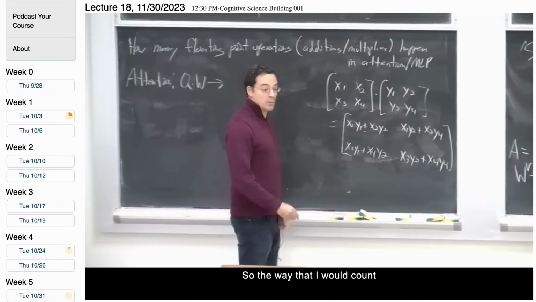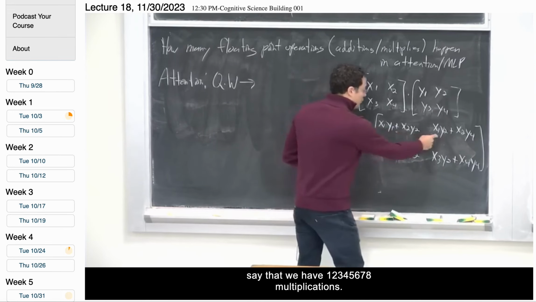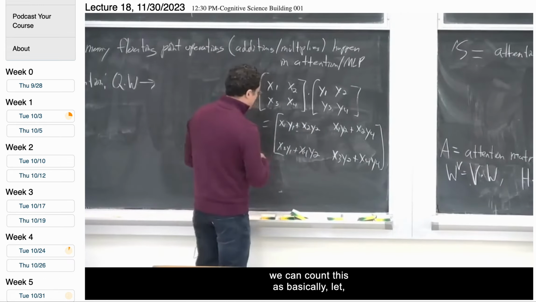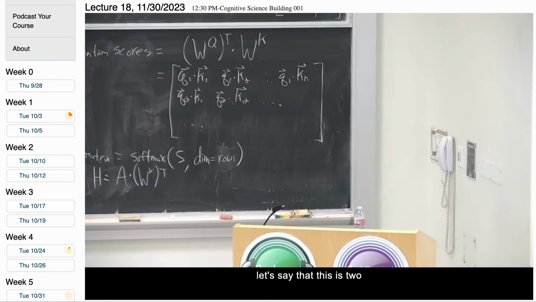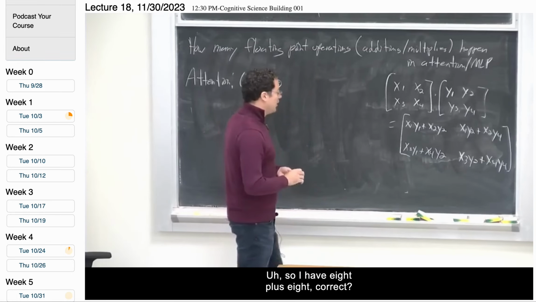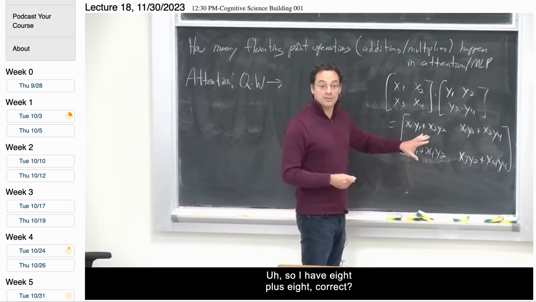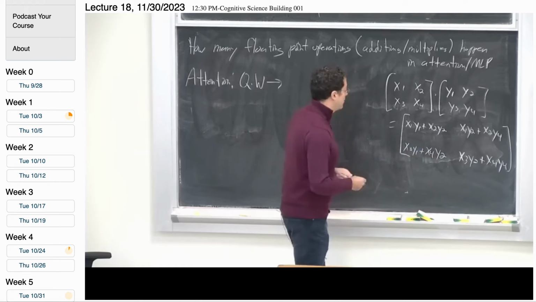The way I would count this up is we have 1, 2, 3, 4, 5, 6, 7, 8 multiplications, and then let's count the additions as 8 more. So I have 8 plus 8, so 16 floating point operations. So what's the general formula there?